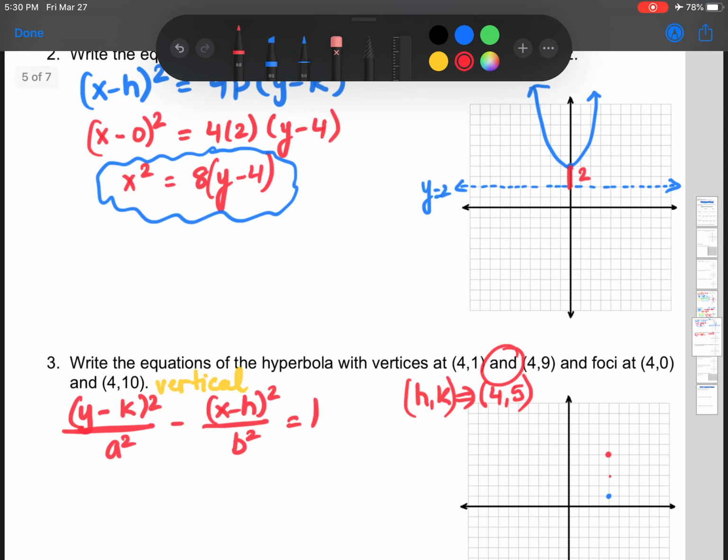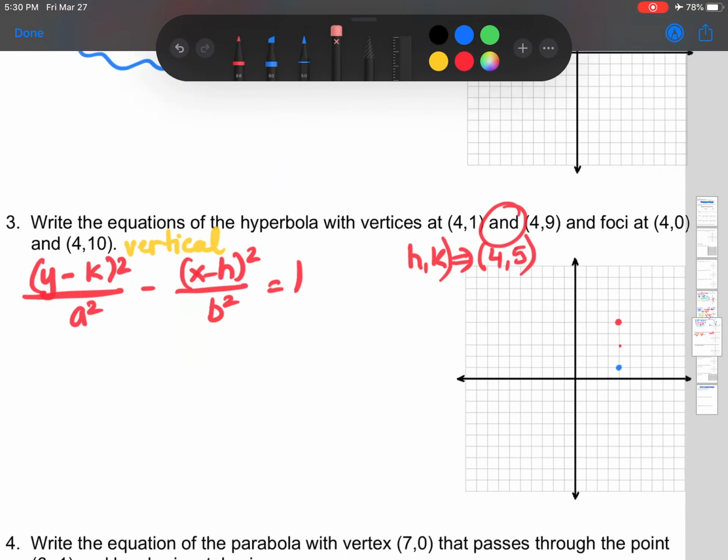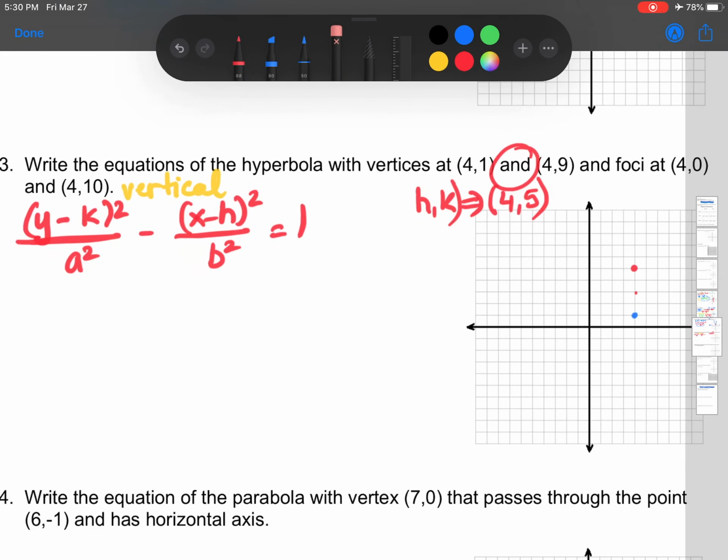My bad, it's very touch sensitive. So that was (4, 9). 2, 3, 4, 5, 6, 7, 8, 9. That 9 was here. I accidentally placed it there. That's it.